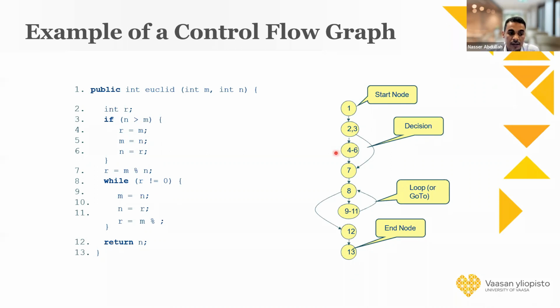To create the control flow, we first number all these statements. After that, we create nodes and edges for this program. I don't think it's that difficult. It's so easy.